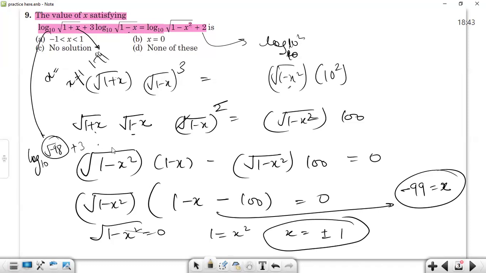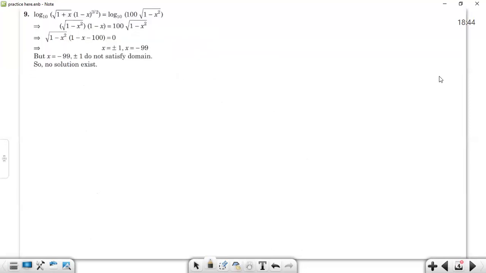So plus 3 equals logarithm of 10 to the square root of something very huge which will be imaginary. So it will be hard to equate these numbers because we'll be having imaginary numbers. So I'll go with option C in this condition. Okay, let's see.